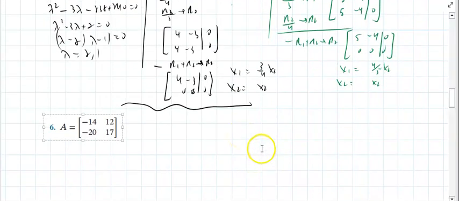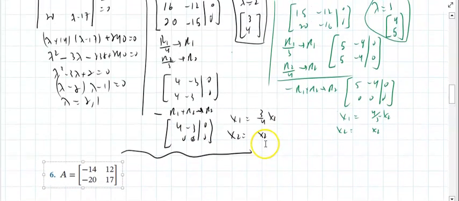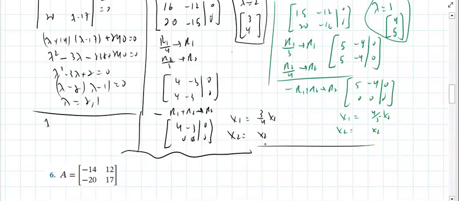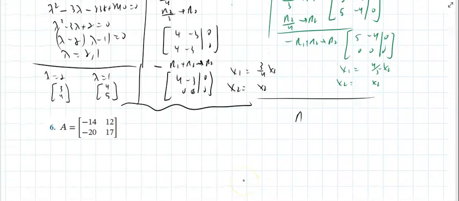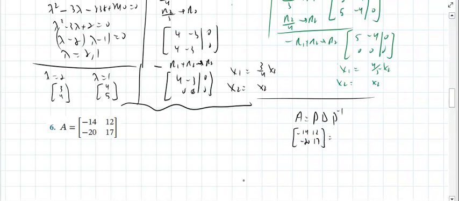I'm going to take lambda equal 2 yielded 3, 4, and lambda equal 1 yielded 4, 5. I could go on the side and say A equal P D P inverse. Well, what's A? What's P?